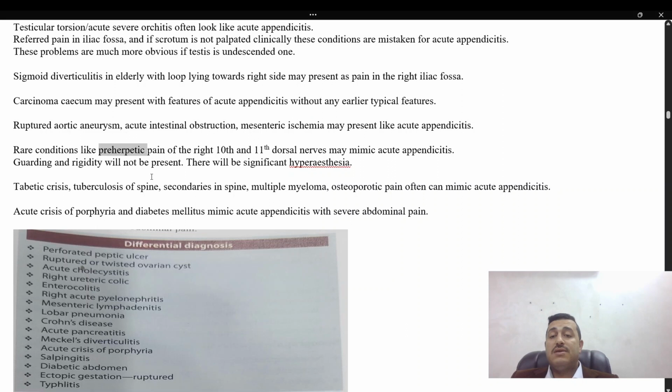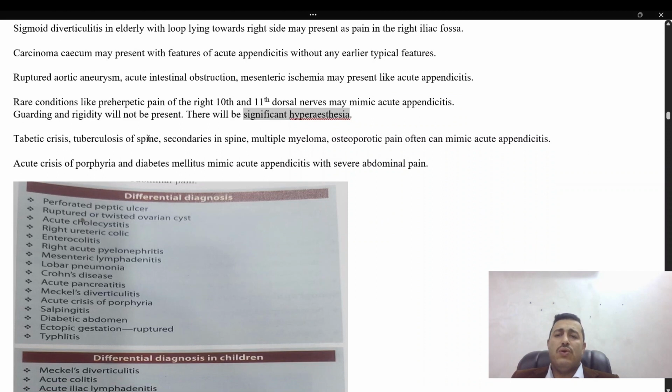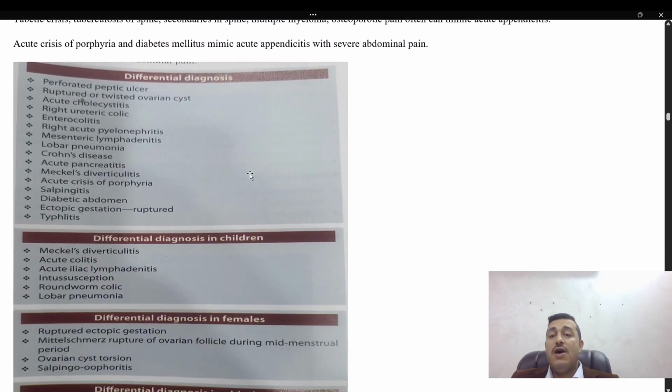If you remember, herpes zoster can involve the dermatome of the 10th and 11th dorsal nerves, and so we will have hyperesthesia there. Okay, other differentials are tuberculosis of the spine, multiple myeloma, and osteopenic pain, all of which can mimic acute appendicitis. You can see here the wide spectrum of differential diagnosis, and this depends on whether it's a child, a female or not.